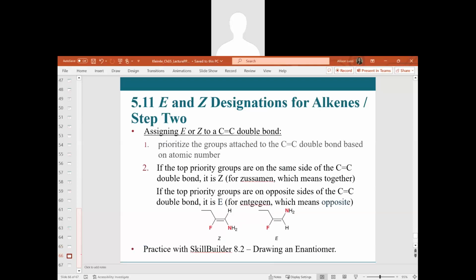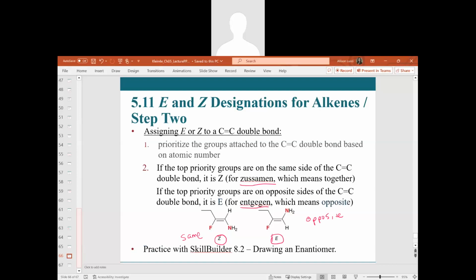So when we have that, right, we would prioritize our groups. The Z notation, as I mentioned, comes from a German word, Zusammen, which is used here to represent on the same side. So we have Z notation when they're on the same side, and when they are on opposite sides over here, we use this term E, which is a German term called Entgegen.